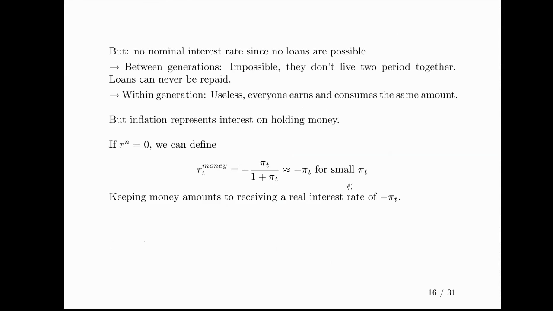So if you were not attentive, you might think, okay, real interest on money is minus inflation, so minus infinity. But of course, it's not true for large values of inflation. Infinity is quite large, actually. So then you have to use the exact formula, and the exact formula gives you infinity over infinity here. So it's -1.